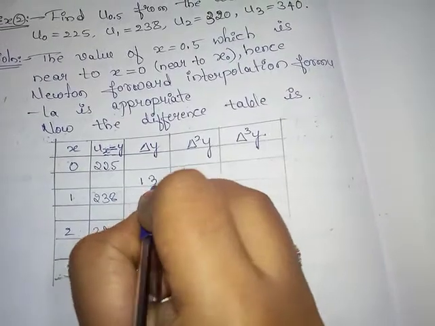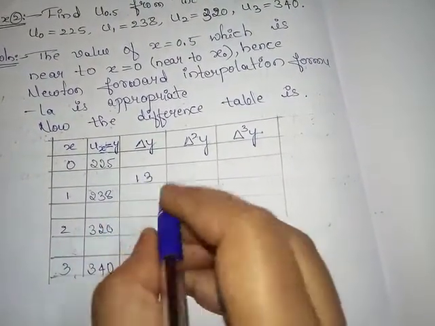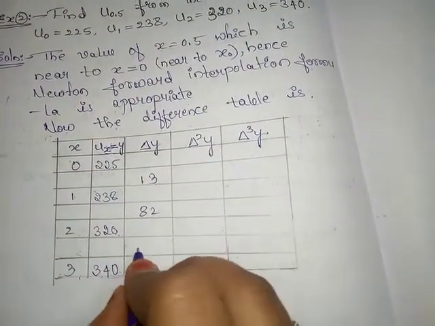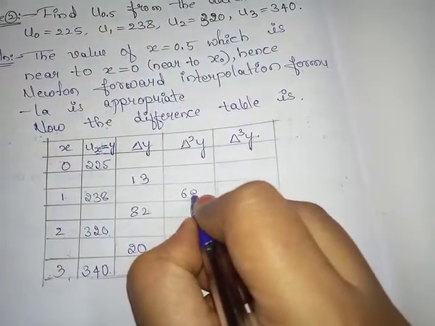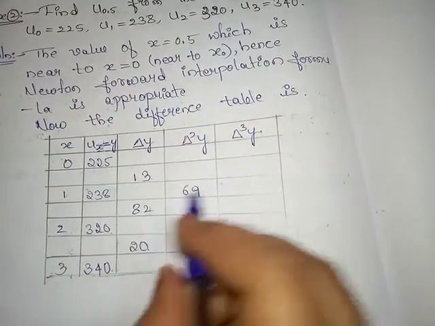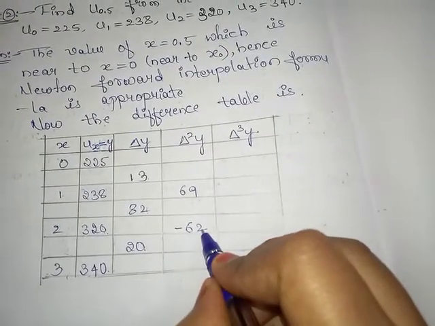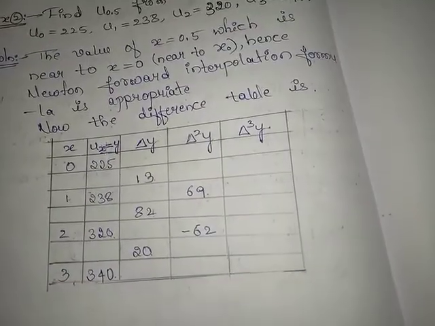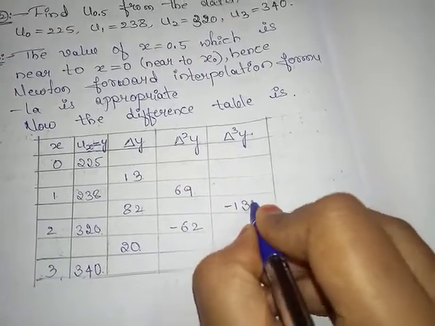This is 13, and the difference of these two, 320 minus 238, is 82, 340 minus 320 is 20, then 82 minus 13 is 69, 20 minus 82 is minus 62, and minus 62 minus 69. Here both values are negative. It will be minus 131.